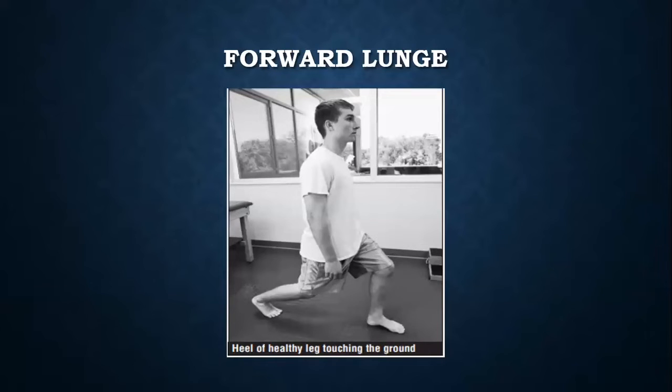And the pearls of performance: ensure the patient maintains the body in an upright position as a step is taken forward. Do not bend the involved extremity to more than 90 degrees when performing the exercise, or step so far forward that it is necessary to lean backwards to return to the starting position.